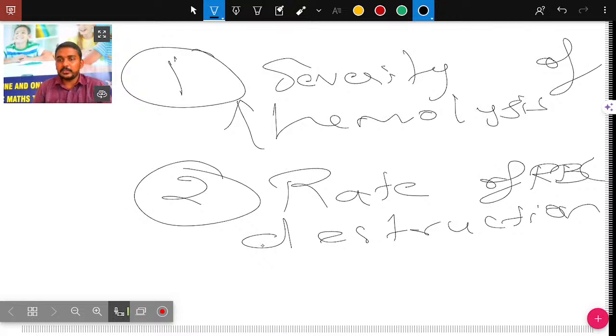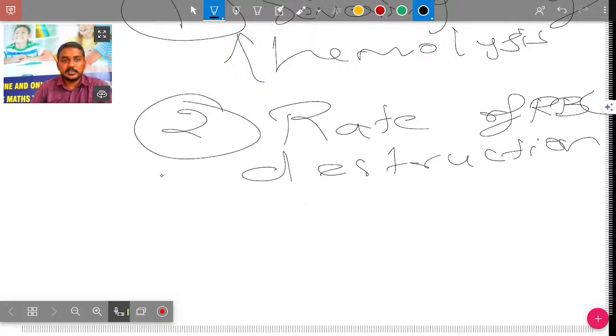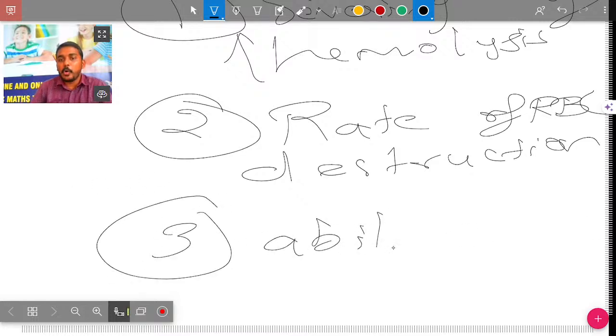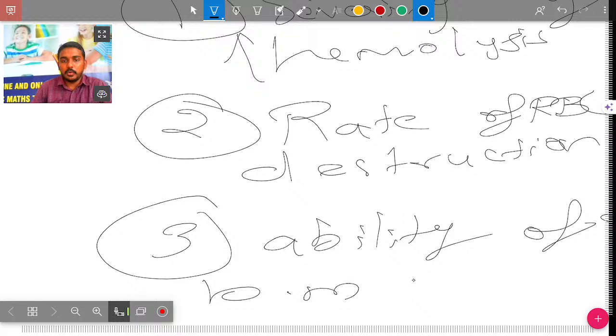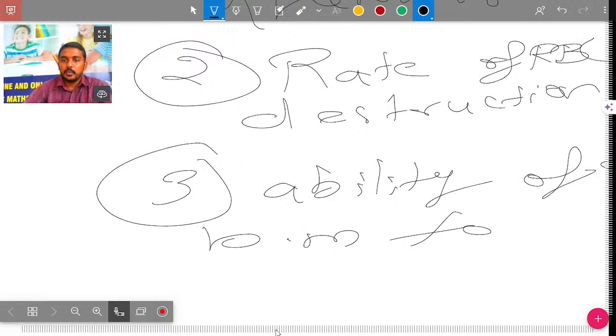So for the third point I will say that it is the ability of bone marrow to compensate for loss.